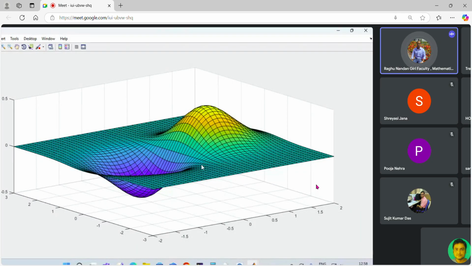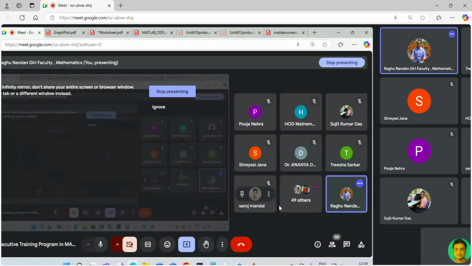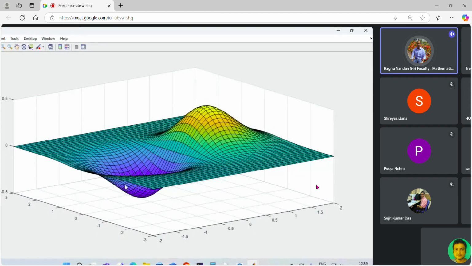So what is the difference between the two? Can anyone give the answer? Hello? Anyone? What is the difference between the two graphs?